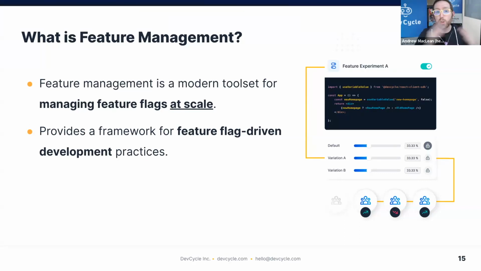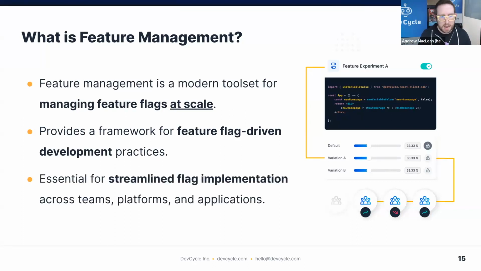That's where you no longer use branches to build new features, you use feature flags. We're also looking at things like test-driven development. While you don't necessarily need feature flags to do that, it's a really useful tool for experimentation and the kind of testing that you're looking at. And feature management is really essential for streamlined flag implementations across a wide variety of situations.